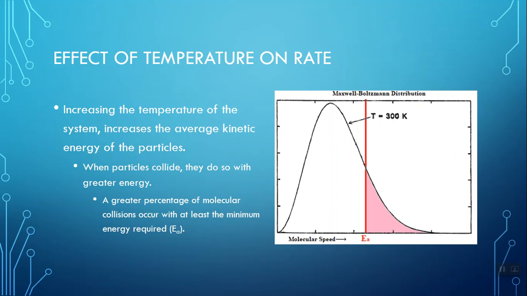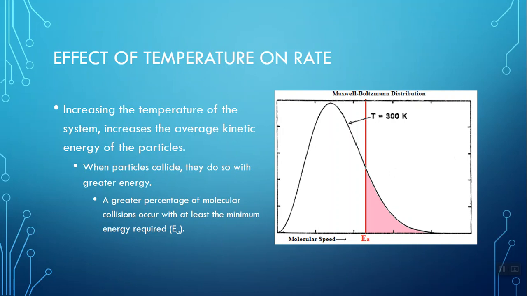Anything with less energy than that, if it collides with another molecule, it doesn't matter if it has the proper orientation or not, that collision cannot be successful if it does not have enough energy. So we can see the shaded pink area here represents the molecules that have enough energy in order to react, anything above the activation energy.